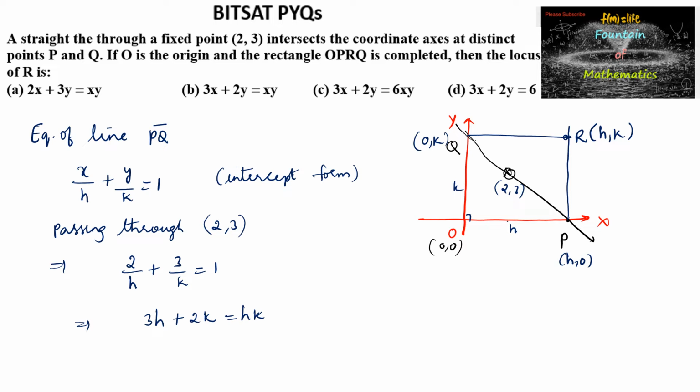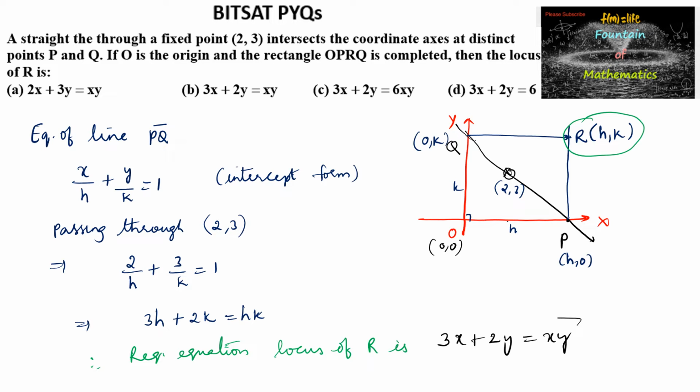And since we require the locus of the point R(h, k), the required equation, that is the locus of R, can be taken as 3, in place of h we can take x, plus 2k, we can take it as y. So 3x + 2y = xy, which is our option B. Option B is the answer.